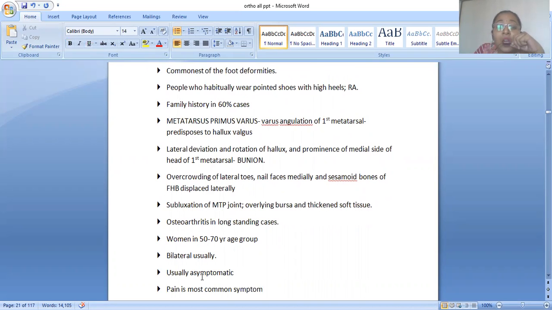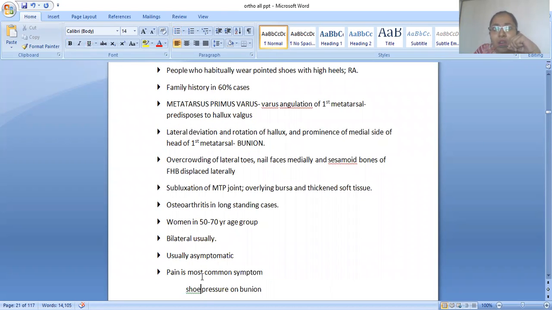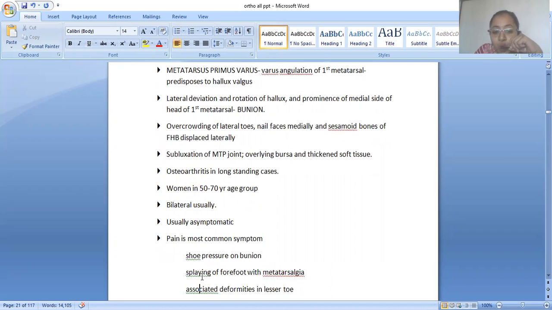Women between the ages of 50 to 70 years are more involved, and usually the case is bilateral. In the early stage, until osteoarthritis is there or the muscles have weakened to take the weight of the body, it is usually asymptomatic, and pain is the most common symptom.